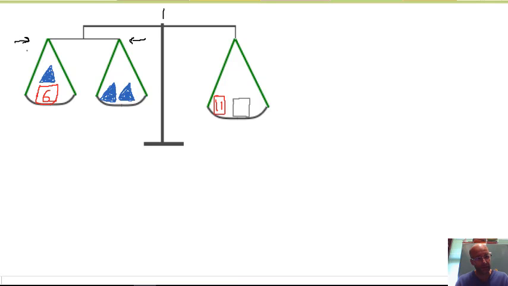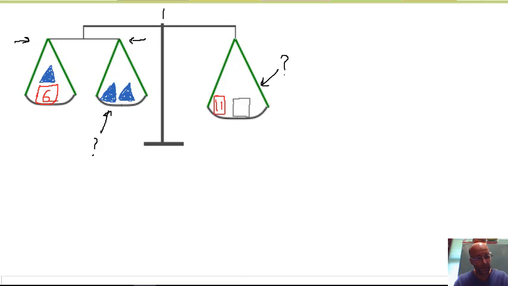So we've got an inner balance and an outer balance. So we've got two things that are unknown. We don't know what the grey rectangle is. We don't know what each of the triangles are valued at. We've got two things to find out. So this one's a bit more complicated. How do we do it?